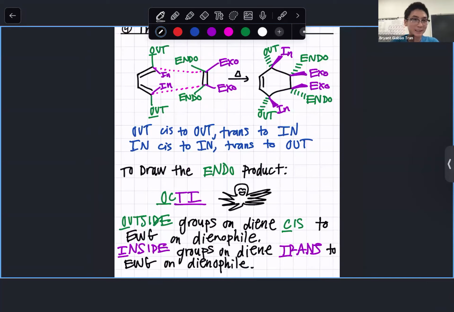Okay, let's do 2 more examples where this is going to talk about the stereochemistry of dienophiles. Because let's say the dienophile had 2 groups on it, like one at the top and one at the bottom.